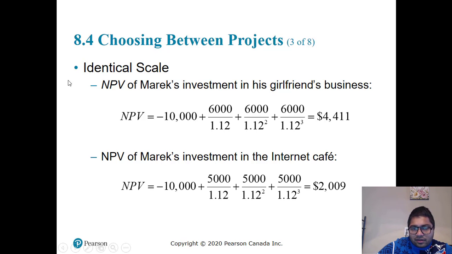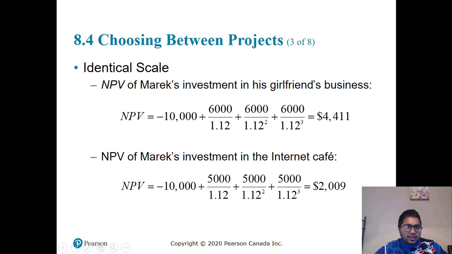So they've given an example. If you're putting in $10,000 and getting $6,000 every year and the interest rate is 12%, the NPV becomes 4. And if you're putting in $10,000 and getting $5,000 every year, with a discount rate of 12%, you get an NPV of 2.